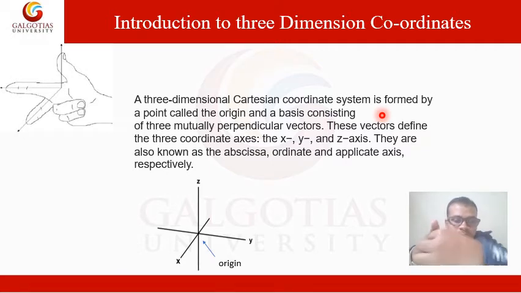So I can give this point as the origin. This is your positive y-axis, this is your negative y-axis, this is your positive z-axis, so this will be your negative z-axis. This will be the positive x-axis, then this will be your negative x-axis.